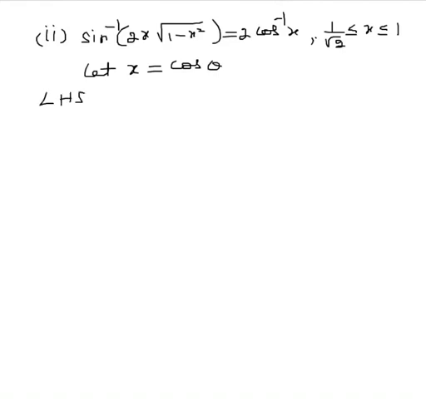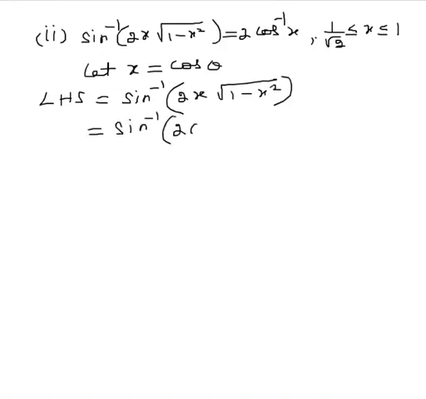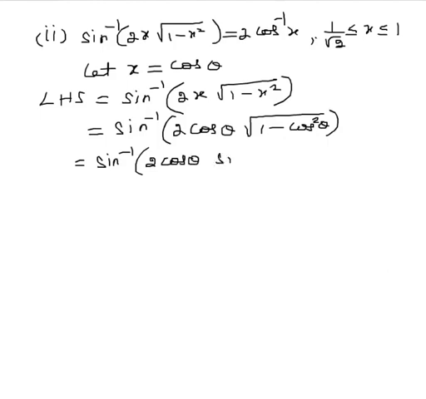Now the left hand side becomes sine inverse of, let us substitute. I am writing the left hand side first. Substitute x as cos theta. So it is 2 times cos theta root of 1 minus cos square theta, which becomes, 1 minus cos square is sine square and root of sine square is sine theta.